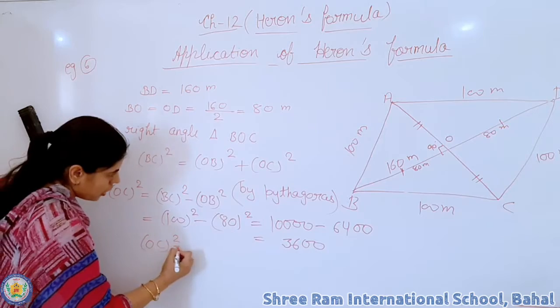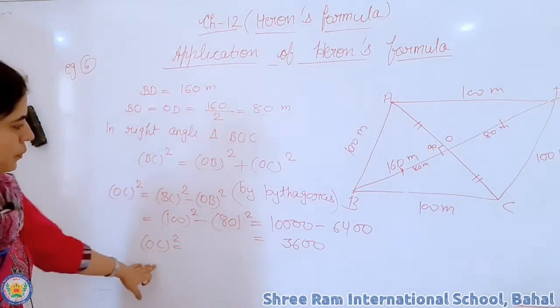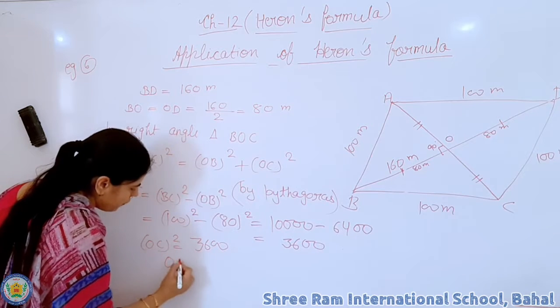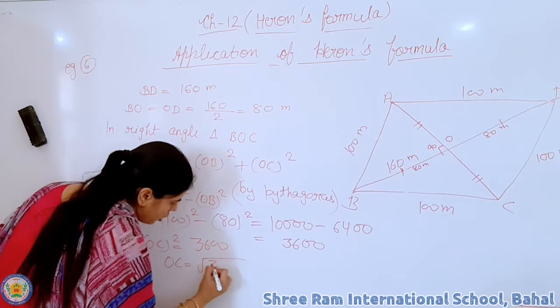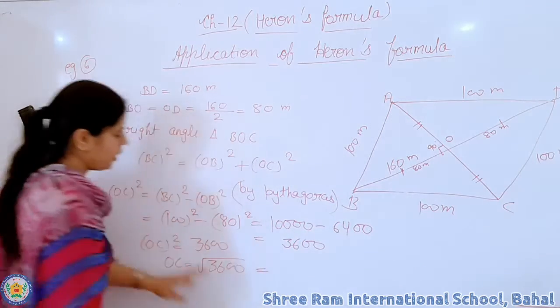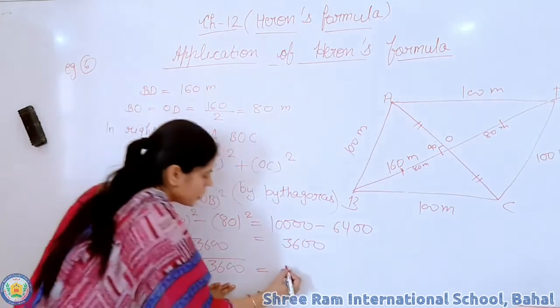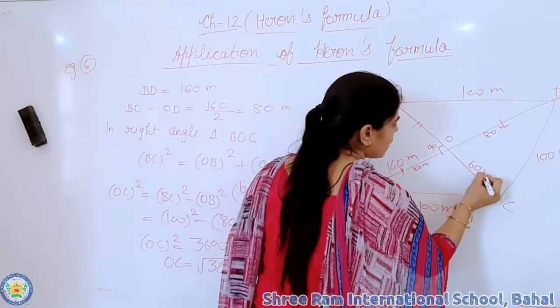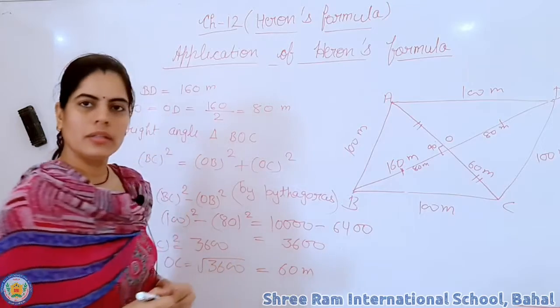OC whole square is equal to 3600. What will be the value of OC, the square root of this? What will be the value of this? 60. That means 60 meter. This is 60 meter. Clear.